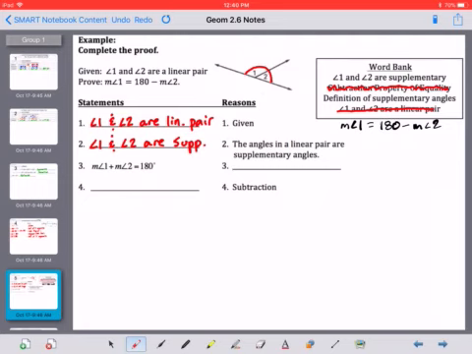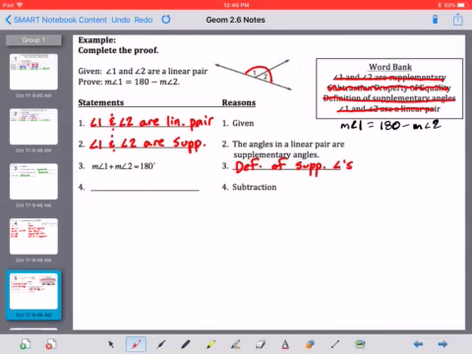All right, so we use the first thing here, and then they're saying the measure of angle 1 plus the measure of angle 2 is 180 degrees. Well, that's just the definition of supplementary angles, and I'm going to abbreviate this with angles, just using the symbol.